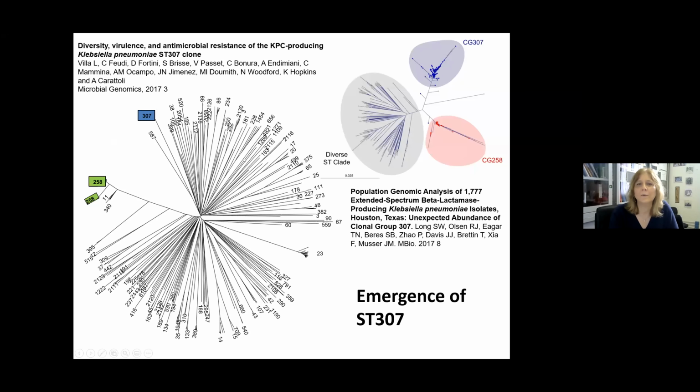Simultaneously, another paper in Houston, Texas, was declaring an unexpected abundance of this clonal group. Why do I report this? Because it's a nice evolution when the strains, the clones, change themselves and the epidemiology.